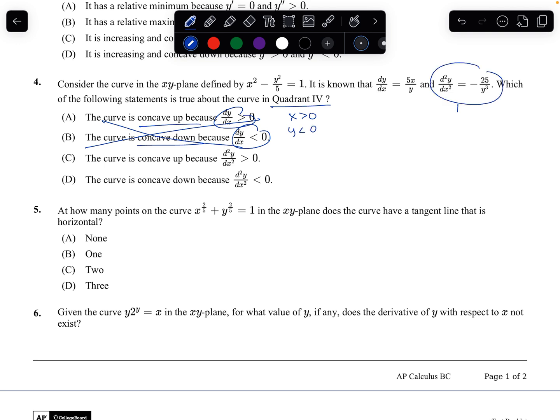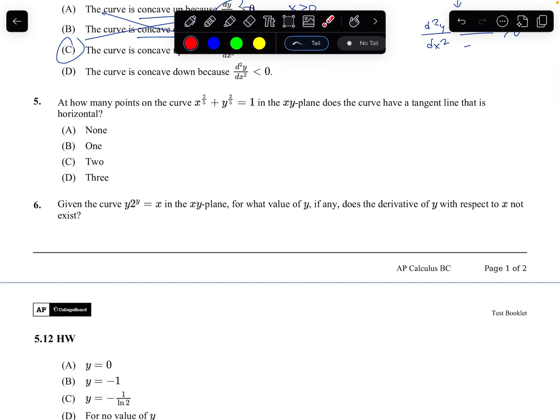So if I take this right here, d squared y over dx squared is going to be equal to -25 over y cubed. Since y is always negative, y to the third power is still going to be negative. So that's going to be positive because you're going to have a negative divided by a negative. So it's got to be concave up.